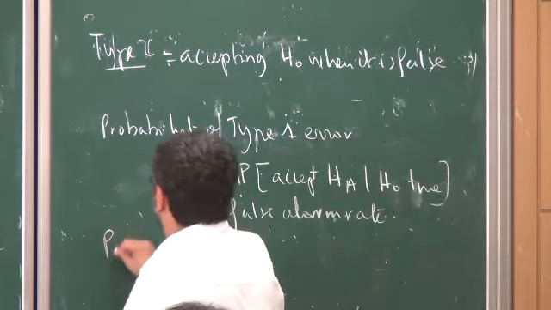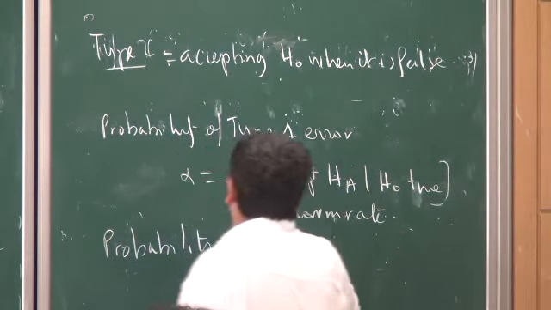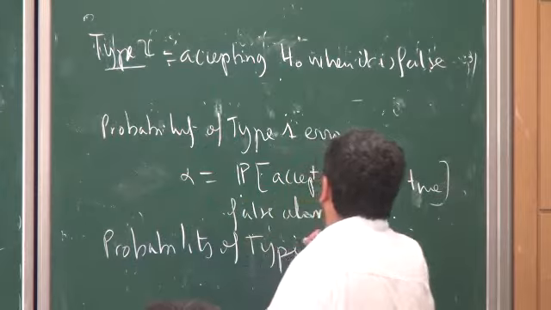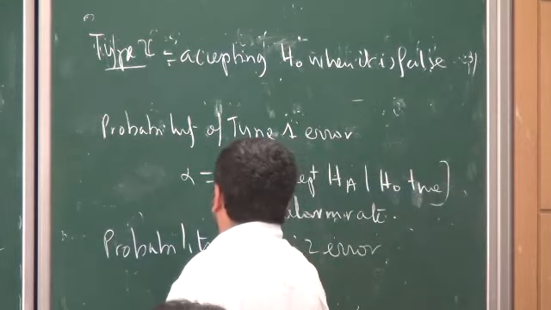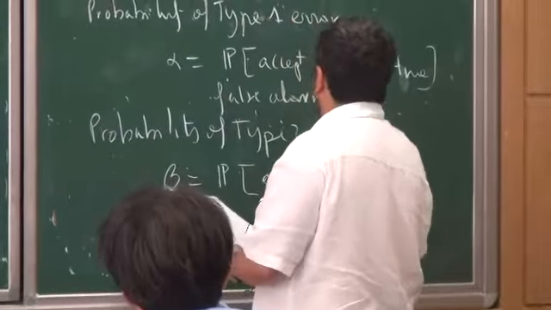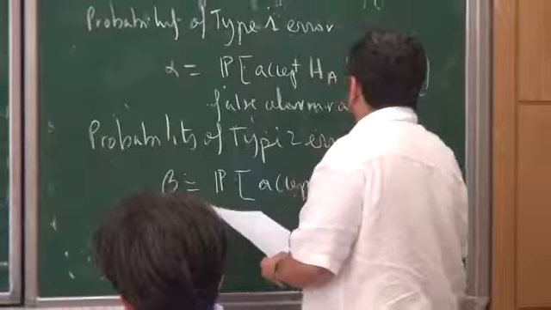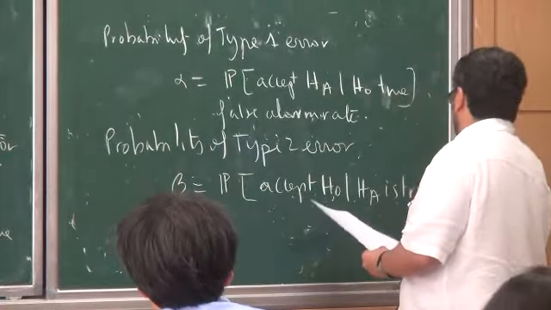And the probability of type 2 error is beta. This is the probability of accepting H0 when HA is true.